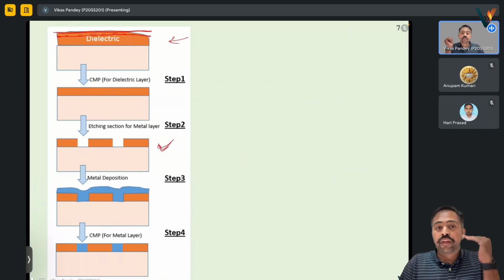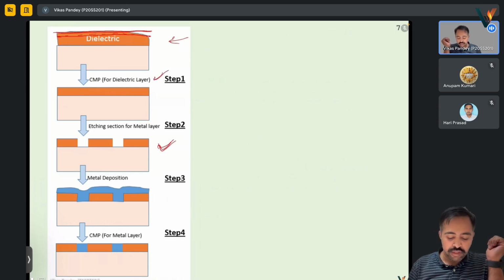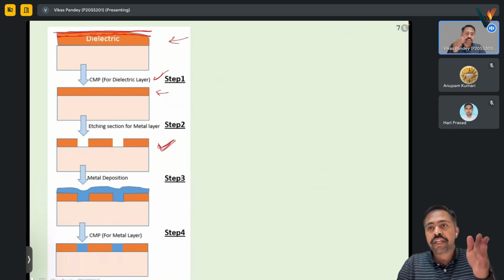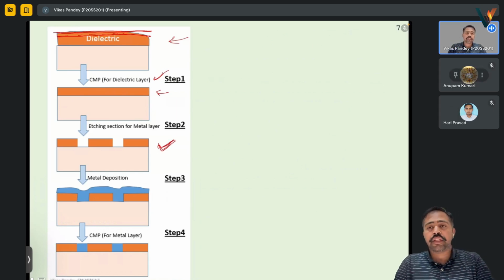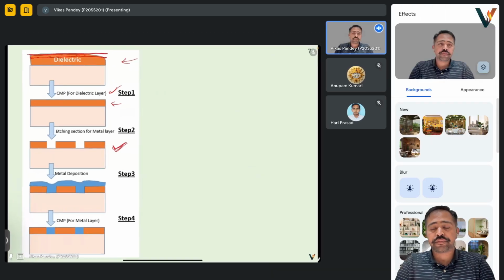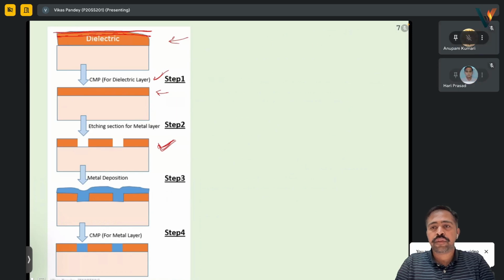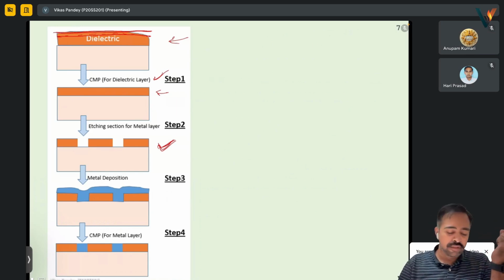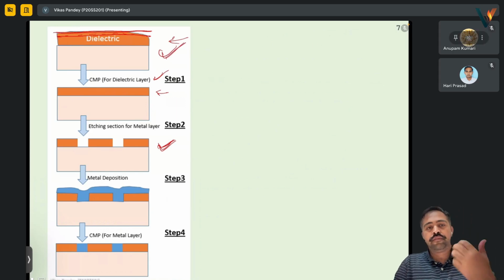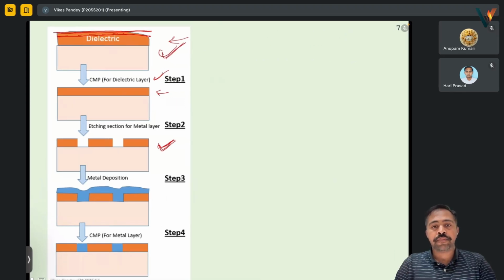So if we go for CMP of the dielectric layer, we will get a planar layer. And then when we do lithography, we'll get better results compared to what was about to happen if we had directly done the lithography process.